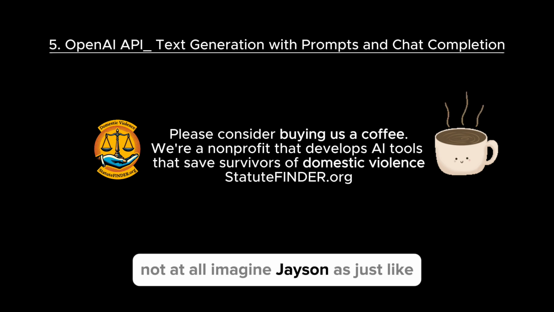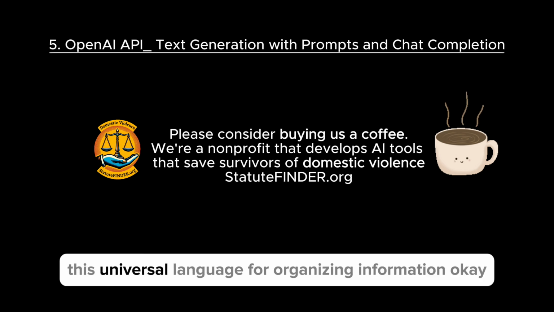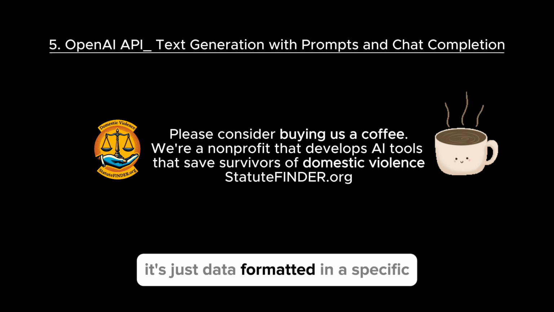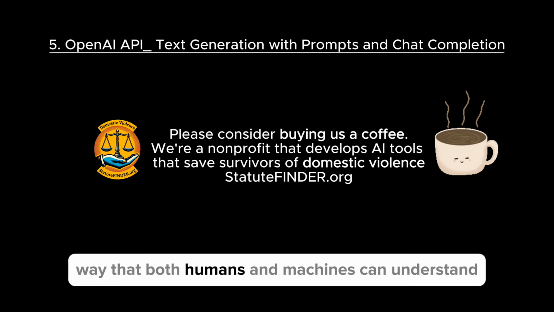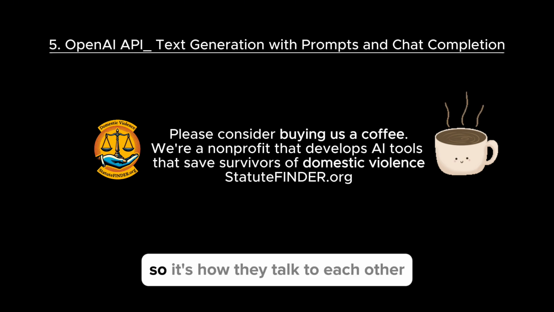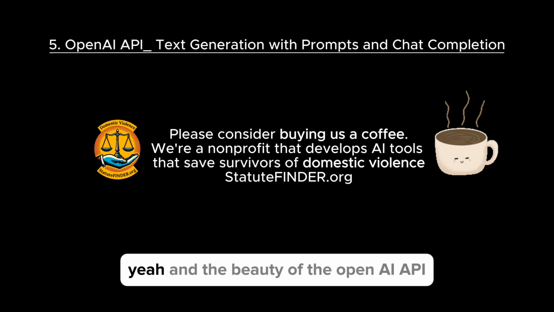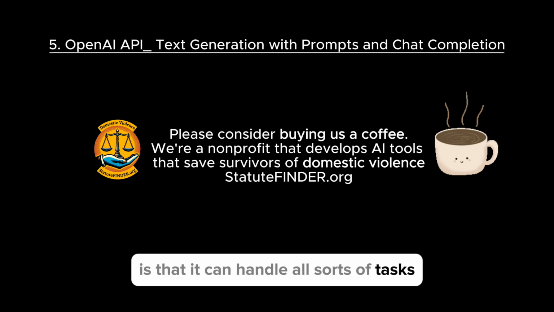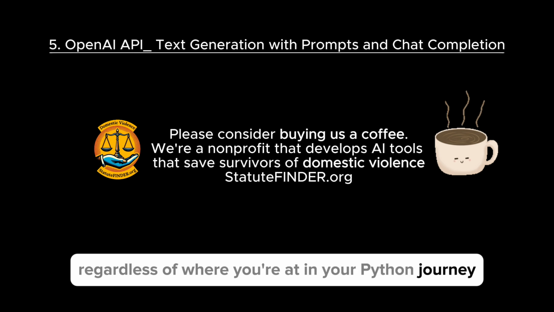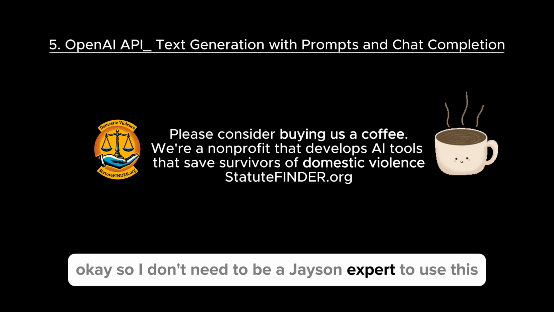Not at all. Imagine JSON as just a universal language for organizing information. It's just data formatted in a specific way that both humans and machines can understand. So it's how they talk to each other. Kind of like that, yeah. And the beauty of the OpenAI API is that it can handle all sorts of tasks, regardless of where you're at in your Python journey. Okay, so I don't need to be a JSON expert to use this.